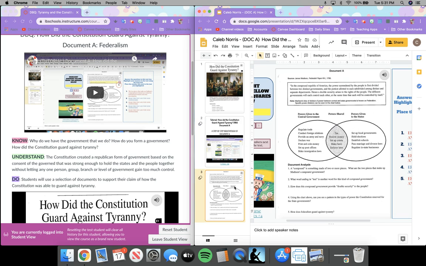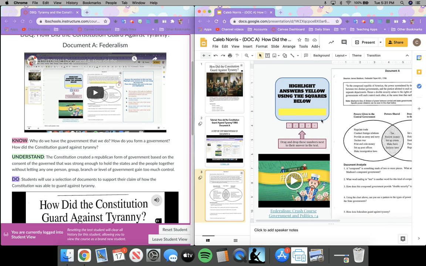Let's look at slide number 3 because that's the bulk of our work here. On the left-hand side of the slide, we have our annotation tools. We need to use these annotation tools so that we can show where we're finding our answers.